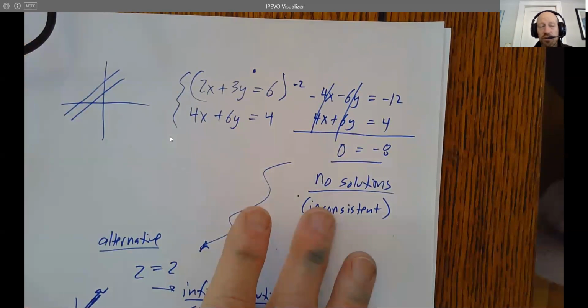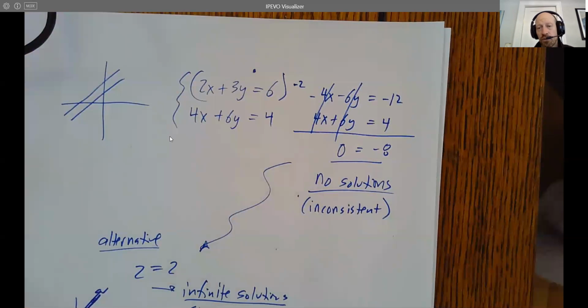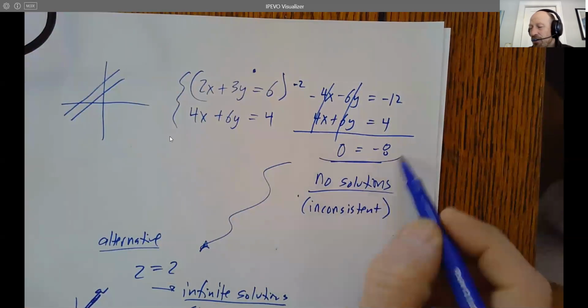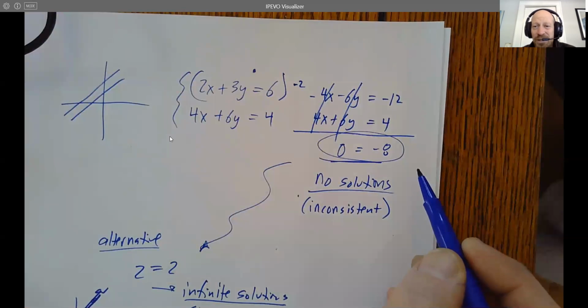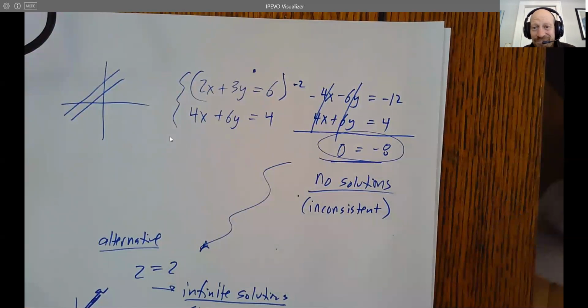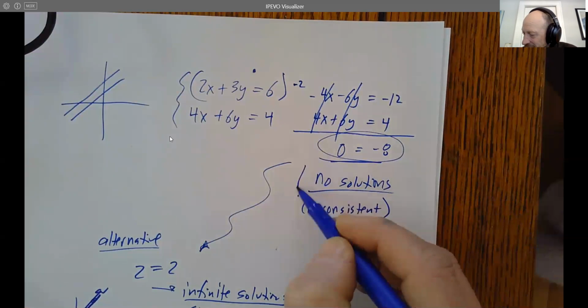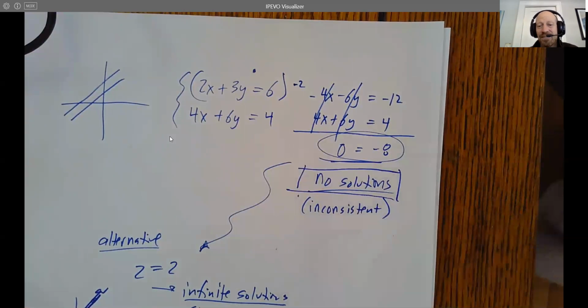They can either be no solutions or they can be infinite solutions. You cannot just leave your answer like that. 0 equals -8, what does that mean? You need to state something along those lines. No solution or no answer, or it doesn't work. There's lots of ways of saying it, but you got to say something.